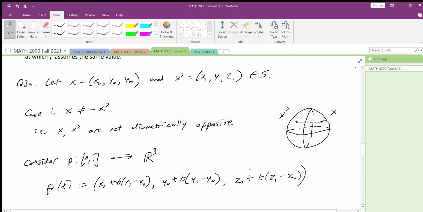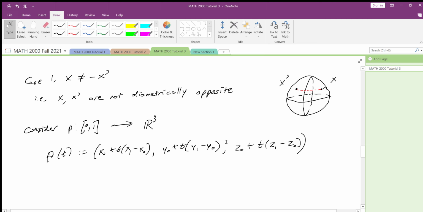So this path P is a straight line path that goes from x to x prime.